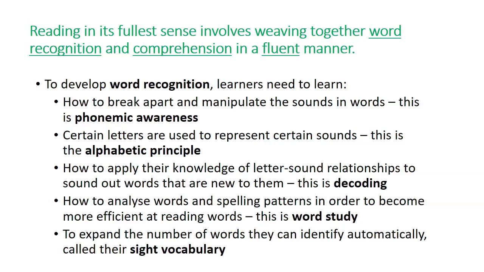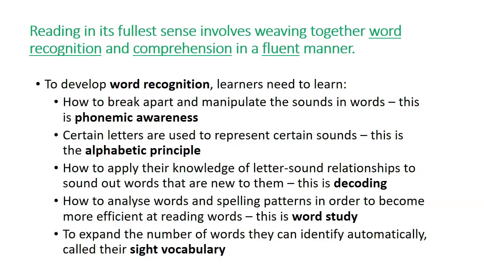So, as we said, because reading is the combination of these three components, recognition, comprehension, and fluency, we now need to look at how students can develop those specific skills. To develop word recognition, they basically need five specific things.